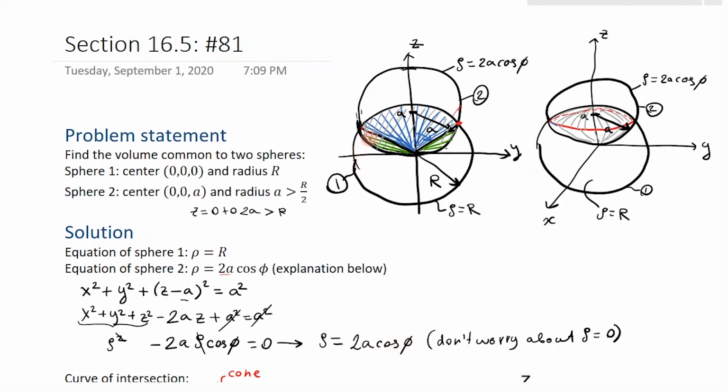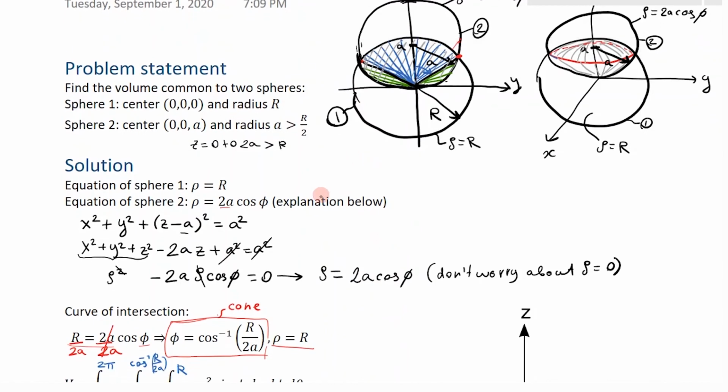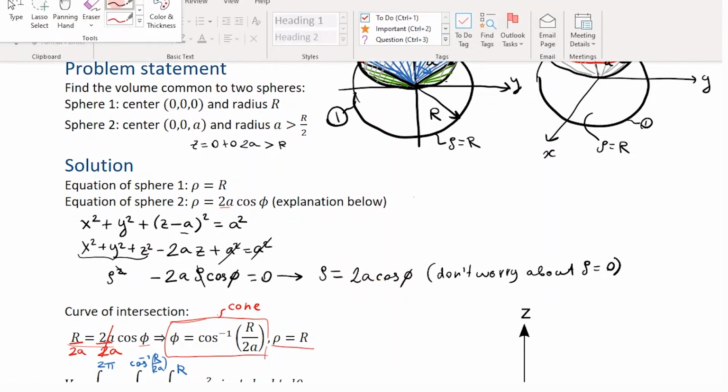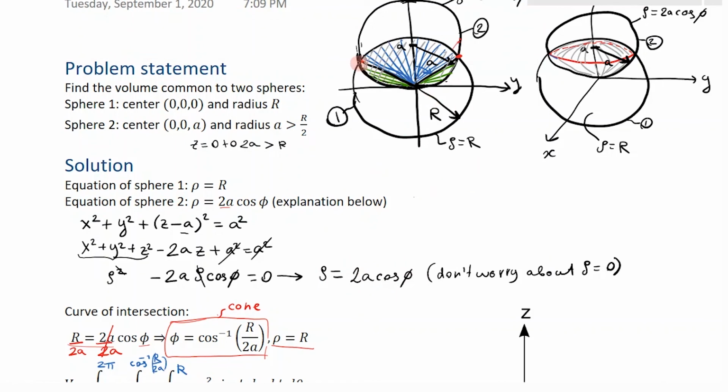So I'm going to draw this with rho versus phi so that it's easier to picture, and I'll try to convince you that the bounds should be from this phi to pi over 2.